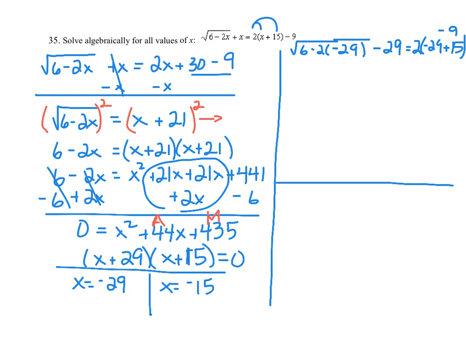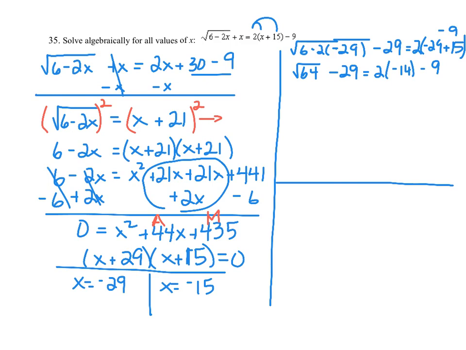All right, so when I work this out, underneath the radical there, I'm going to get the square root of 64. Then I have minus 29. And then on the right side, I'm going to get 2 times negative 14 minus 9. All right, well, I know that the square root of 64 is 8, right?